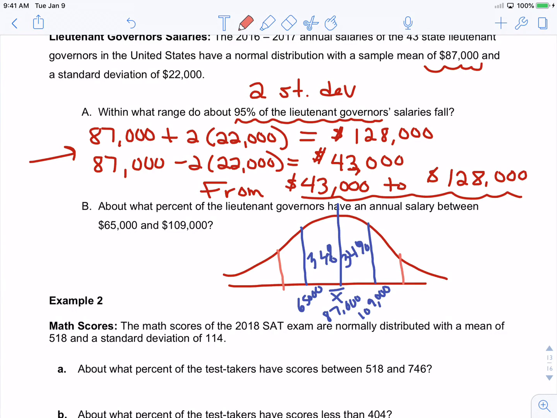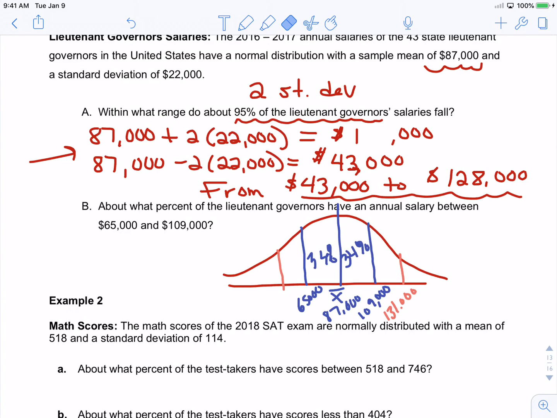If I continue to add 22,000 to 109, we get 131. I have a mistake up here. I added wrong.